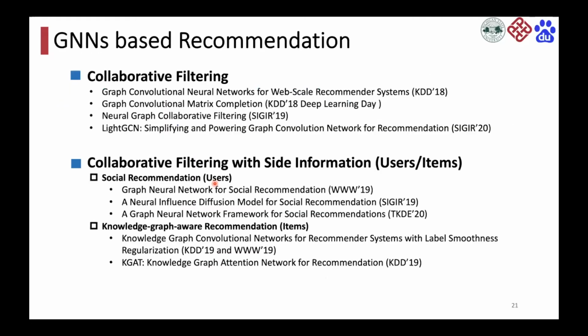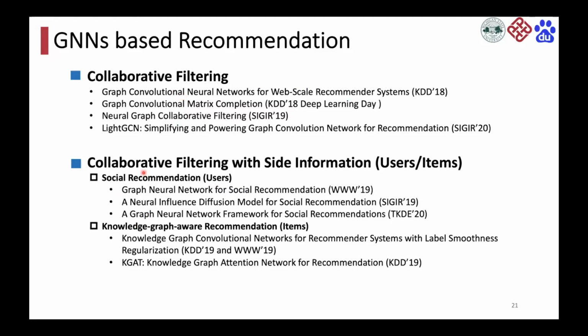Let's go ahead. Now we are going to introduce some representative graph neural network based recommendation methods. Here, we will introduce recommendation methods in three categories. The first type purely focuses on the user-item interactions, which means we do not have any other side information for the users and items.